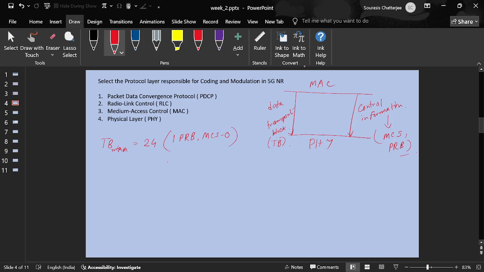Okay. And what is the maximum one? That we can calculate by multiplying 275 PRBs with MCS 27. MCS 27 is 256 QAM. So that comes out to be somewhat more than 3 lakhs.